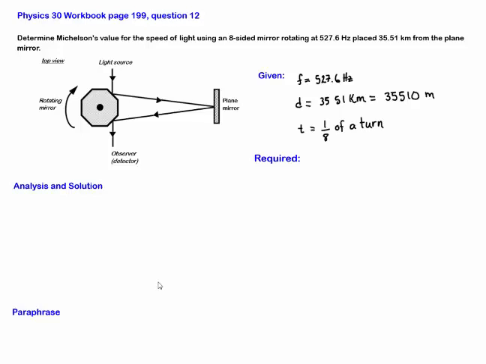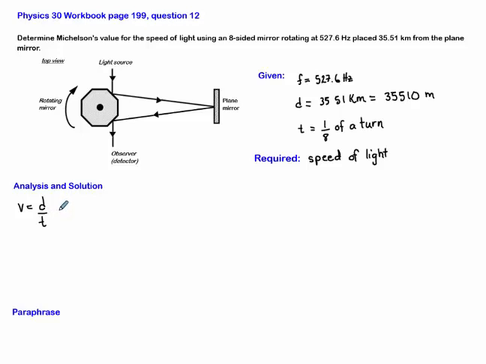So then let's write down what we're required. Well, we're going to be asked to determine the speed of light. And if we are looking for the speed of light, that means we must need to start with v equals d over t. So let's write that down. So that means we need to know the distance the light travels divided by the time it takes to travel that distance.